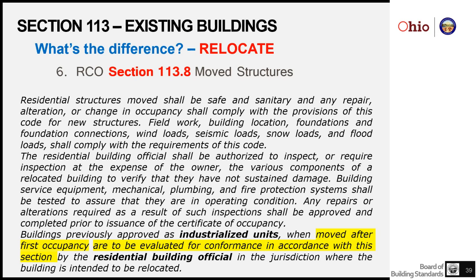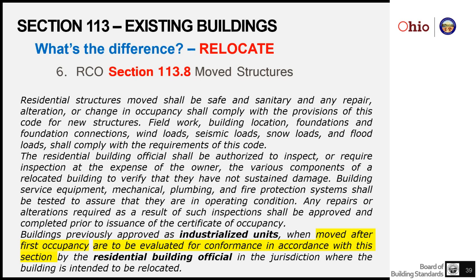But once they are set, now they are an existing building, they are no longer considered an industrialized unit, and if an owner wants to make any changes to them, all of those additions, alterations, repairs, replacements, and if they want to move it because it's a modular unit, it must comply with this section 113.8 for moved structures.